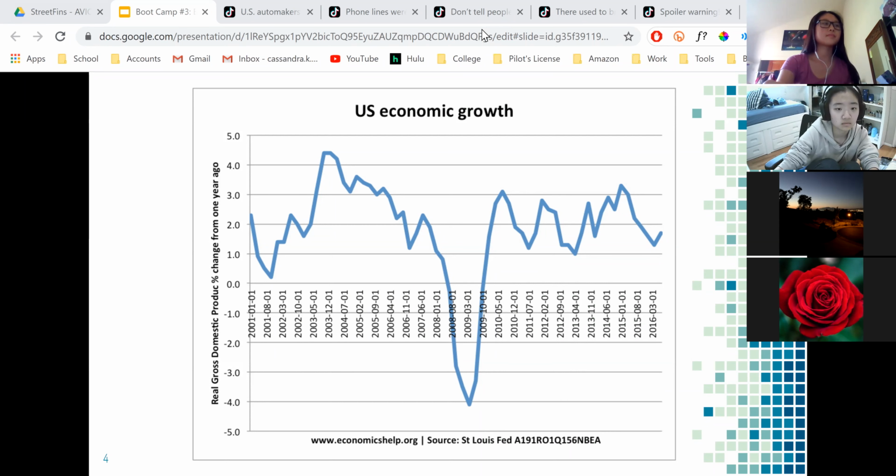So we try to move away from just using GDP as an indicator of economic growth, and nowadays we try to use other factors. We use employment rates. We use the amount of labor force that's unemployed. We talk about the overall consumer spending, which is part of the GDP though.